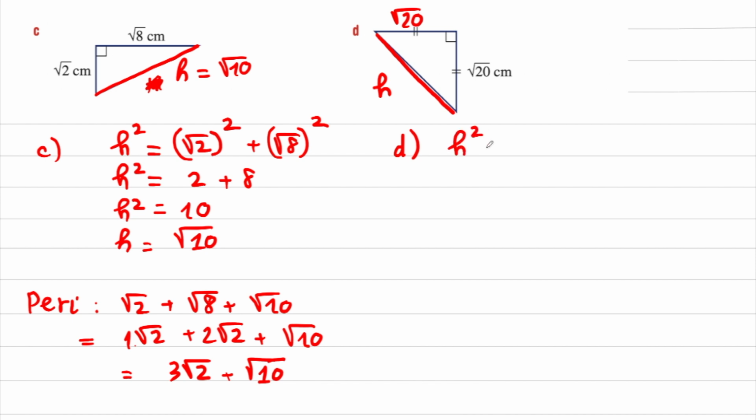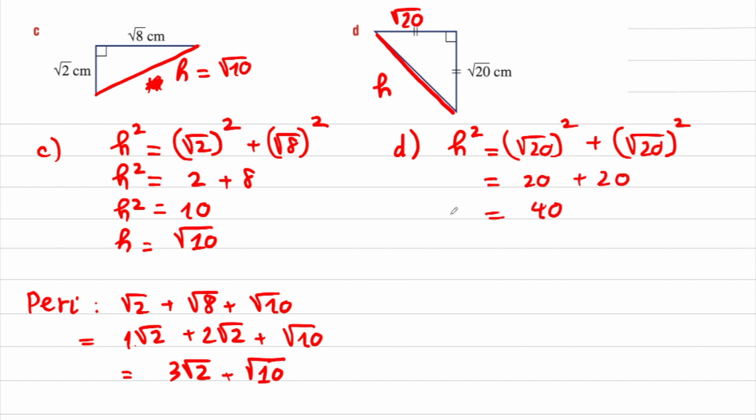H here will be square root 20 squared plus square root 20 squared one more time. 20, 20, 40, and h will be square root of 40. I will simplify this by dividing by 4, factorizing here becomes 2 times square root 10.